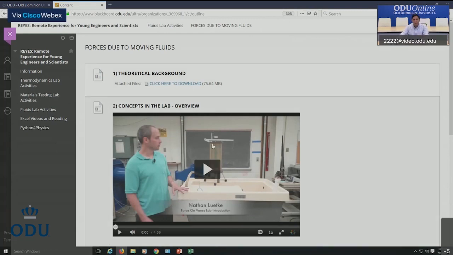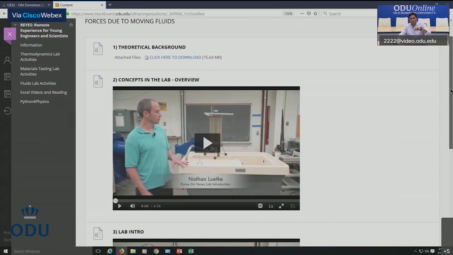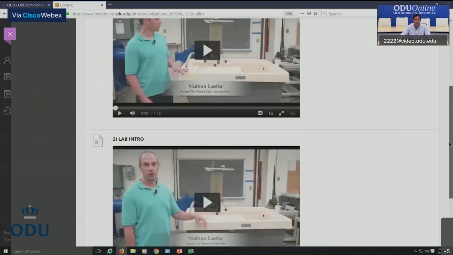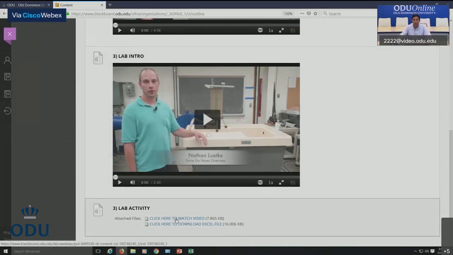Go over the concepts that Professor Luque explains here, but basically he goes through explaining the whole setup and the physics behind it, which I just did in my talk. Here, he explained a little bit about the lab. Now, the actual virtual lab activity can be watched by clicking here. Just follow the steps that are given. And the Excel spreadsheet that I talked to you about can be downloaded by clicking on this link.